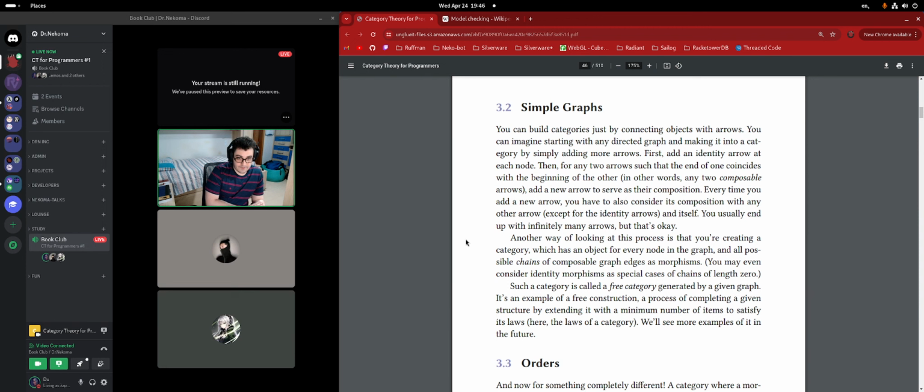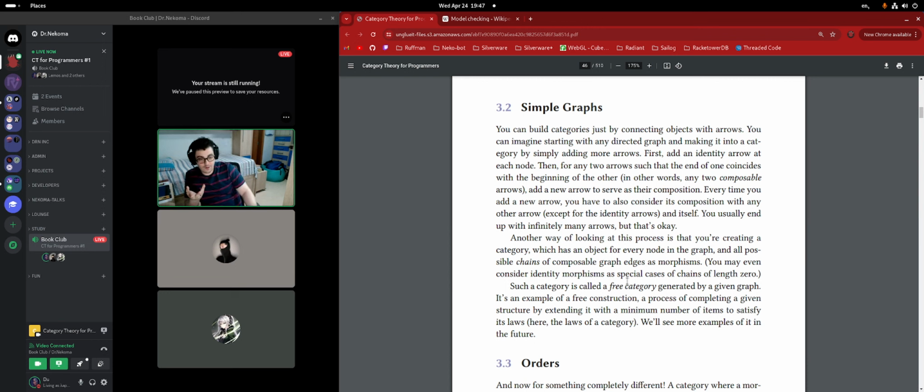Simple graphs. Now we're going to talk about a free category, right? This is a very intricate process because you need to grab the objects and all the arrows between them and compose all the arrows, and then those will generate more arrows, and then you need to compose those with even more arrows, generating even more, until you have the final graph, which is basically going to be a tangled mess of morphisms.